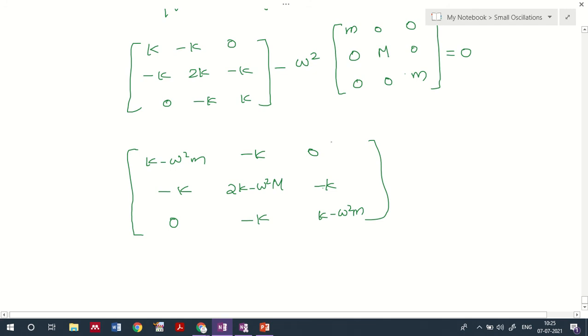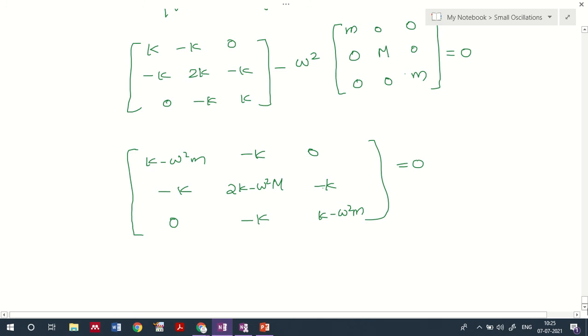K minus omega square m, okay, which is equal to 0. Now you want to take the determinant of this matrix: k minus omega square m, minus k, 0; minus k, 2k minus omega square capital M, minus k; 0, minus k, k minus omega square m, which is equal to 0.